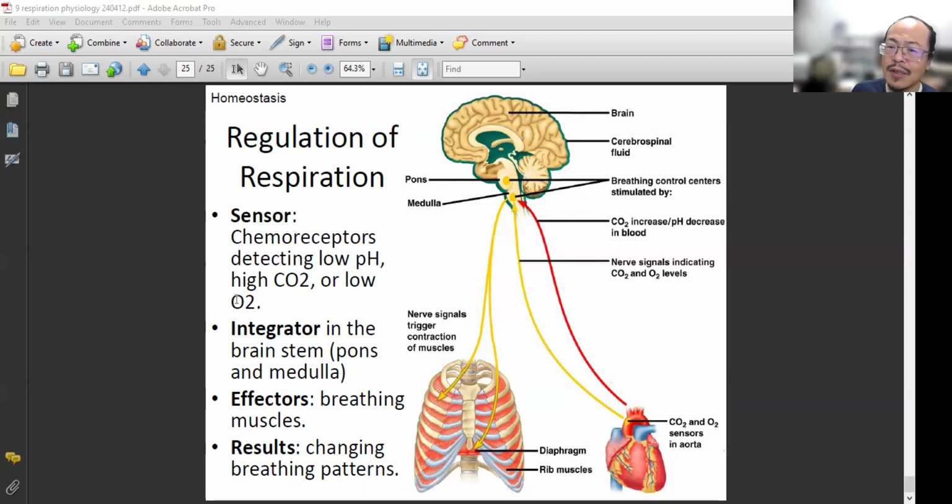That's why when you run, your breathing gets faster. When you exercise, you use a lot of O2 and produce a lot of CO2, and that gets detected by the blood vessels, which tell your brain, and then you start to breathe faster. So that's that.